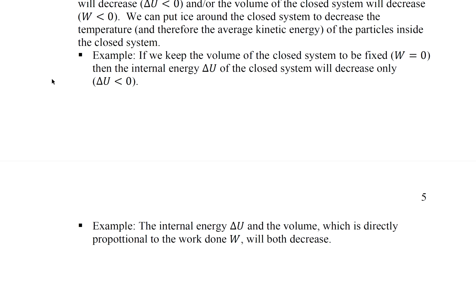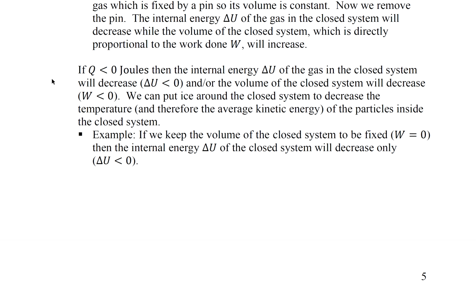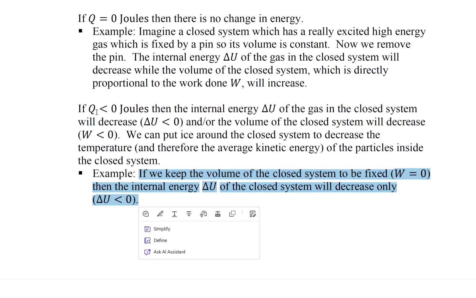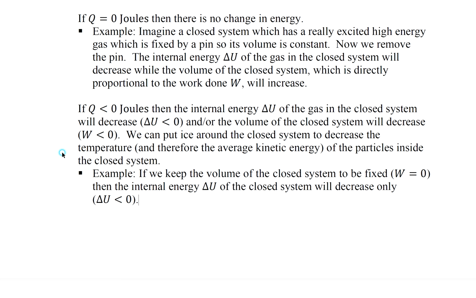So for example, if we keep the volume of the closed system fixed, then the internal energy delta U of the closed system will decrease only. In this example, imagine putting ice around this closed system so it gets colder, the temperature of the gas inside decreases, but the volume is the same.